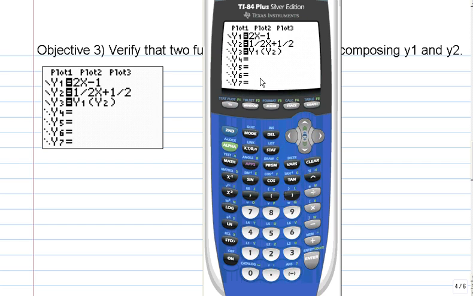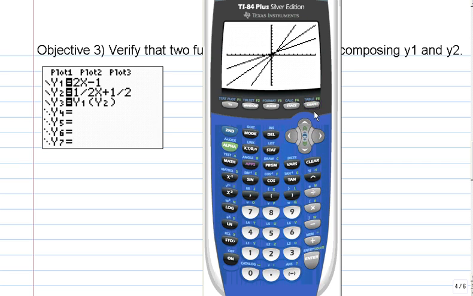Now what's supposed to happen? y1 composed of y2 should be x. So whenever I press graph, notice that I have the function y1 and y2, and this is my function y3, which is x, right? That's the line y is equal to x.